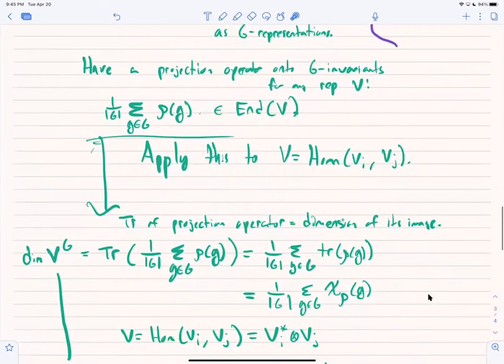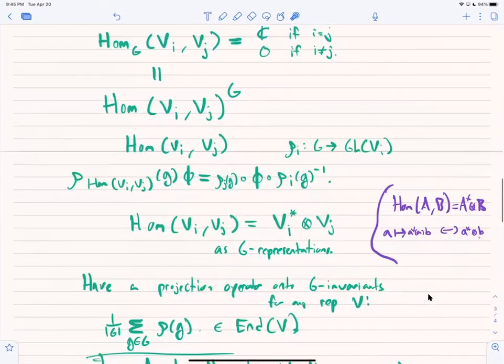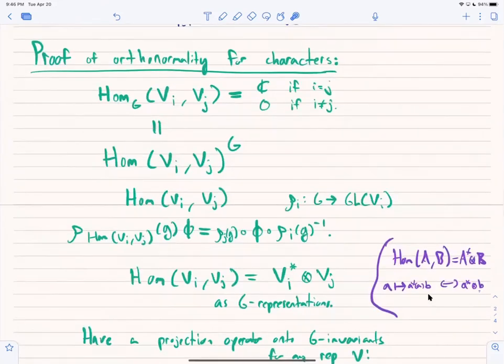And then we reinterpreted that using the fact that these G-invariant homomorphisms were the space of G invariants in some other representation: the space of all linear transformations has a natural G action, and the G-invariant homomorphisms are just the G invariants in that representation.